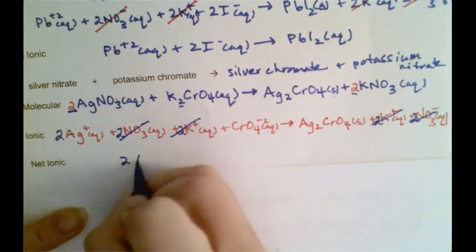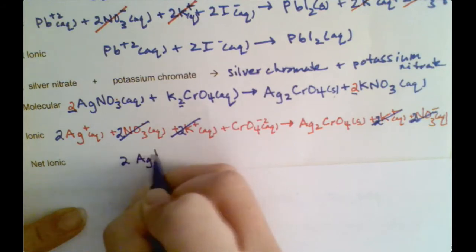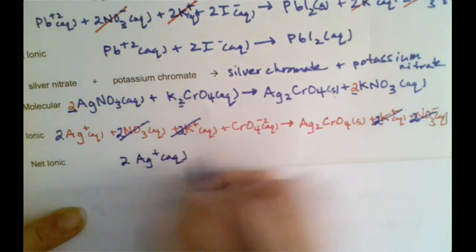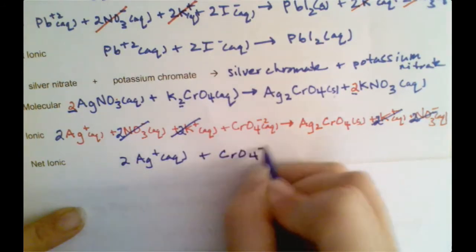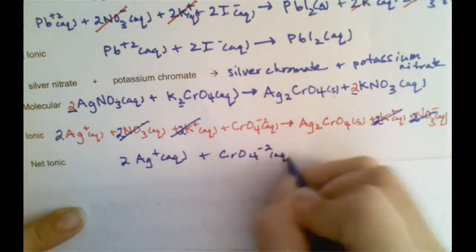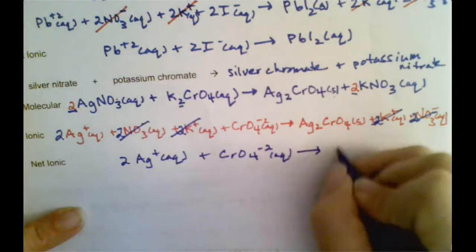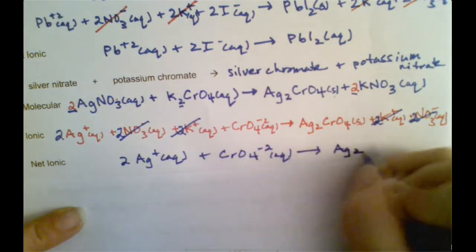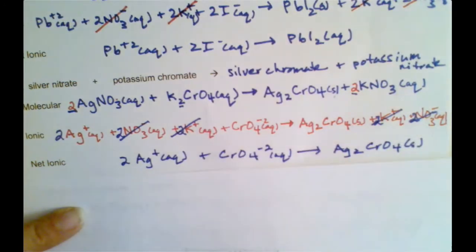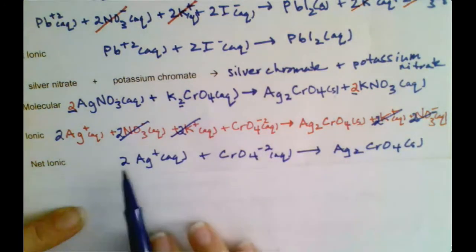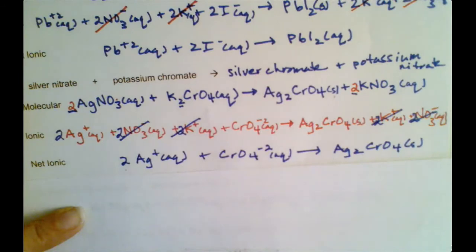So in this case, you have 2 silver ions coming together with 1 chromate ion in its aqueous form to form solid silver chromate. Okay, and when we do that, we can see that everything is balanced.